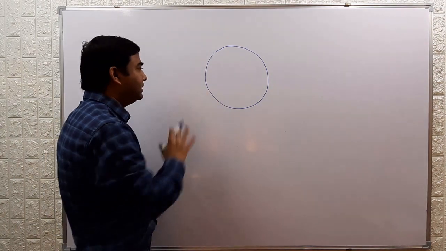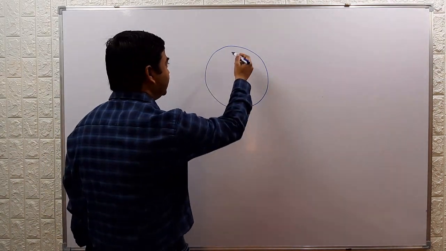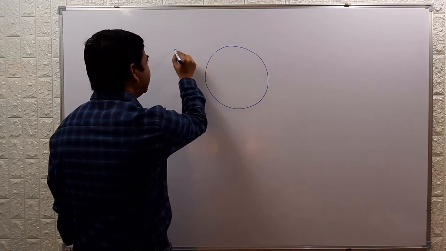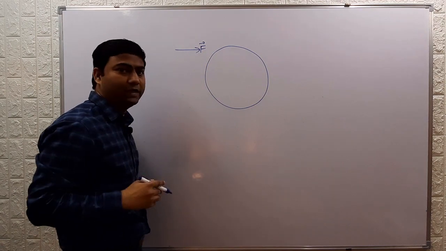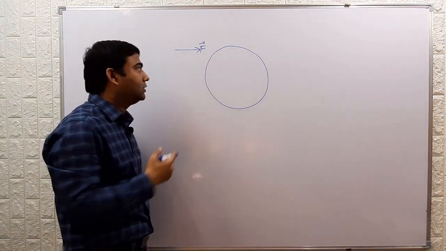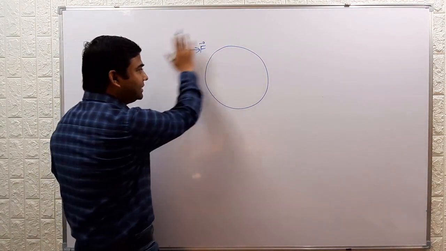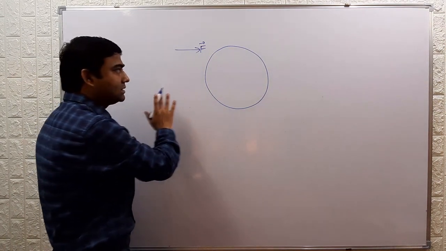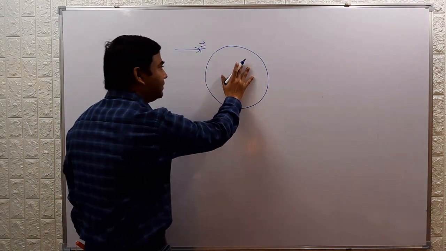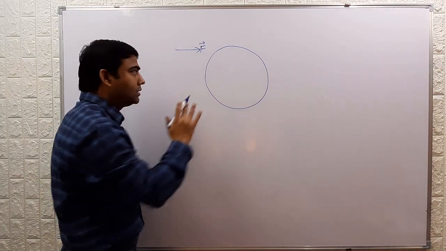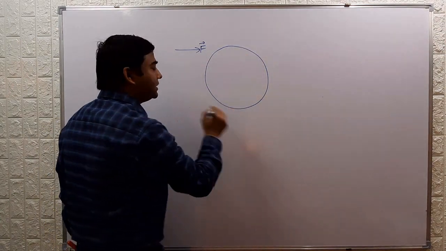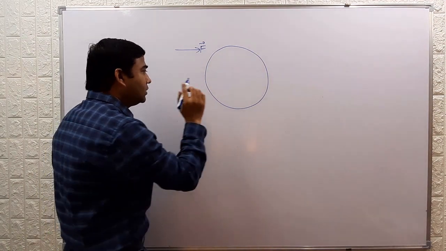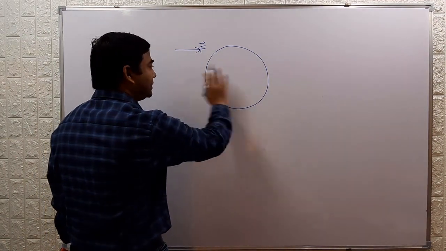So for simplicity, there is a closed hemisphere and there is a field F, a vector field. We have discussed what a vector field is. So there is a field existing in this space which is surrounded by this closed surface. For example, this is a spherical surface, and there is a vector field.